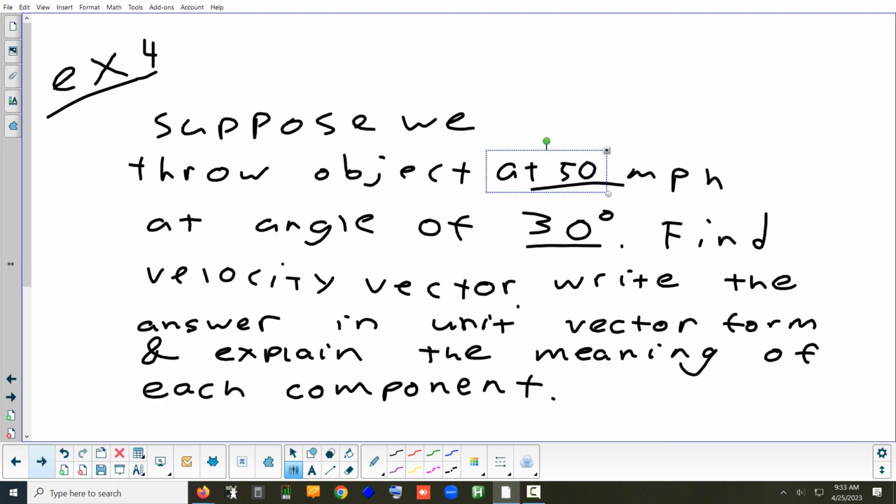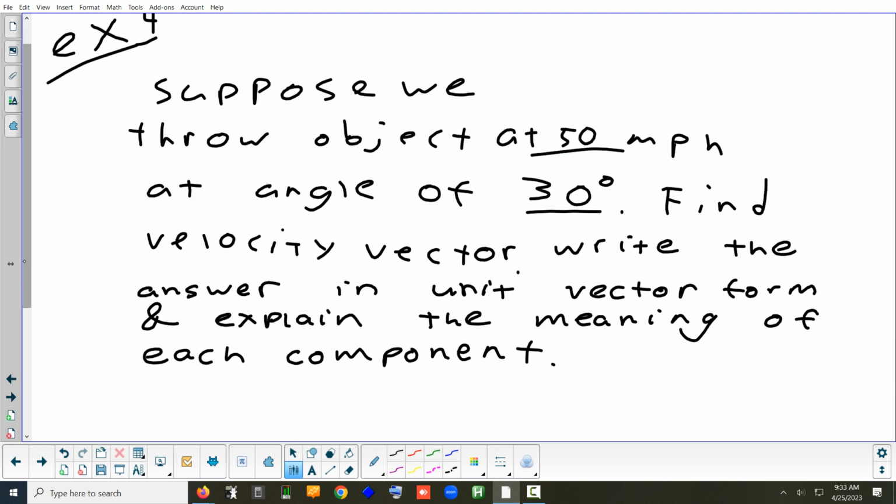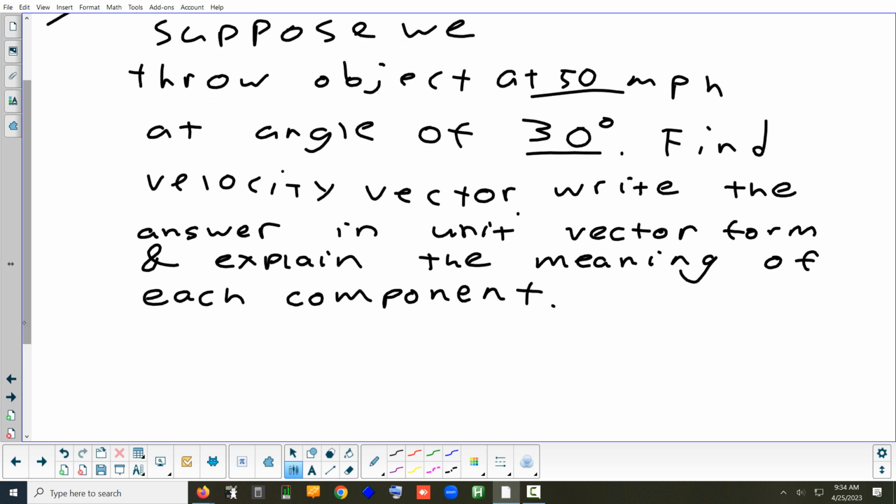So here's our problem. It says we're going to throw an object at 50 miles an hour at an angle of 30 degrees. Find the velocity vector. And they tell us they want the answer in unit vector form, which means they want to see i and j. They don't want the brackets. And then we'll talk about what each component means once we get our final answer.